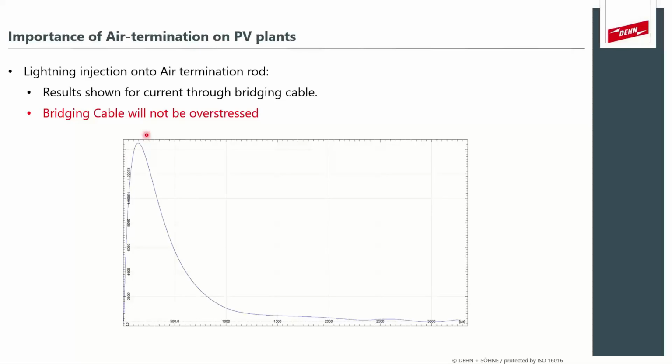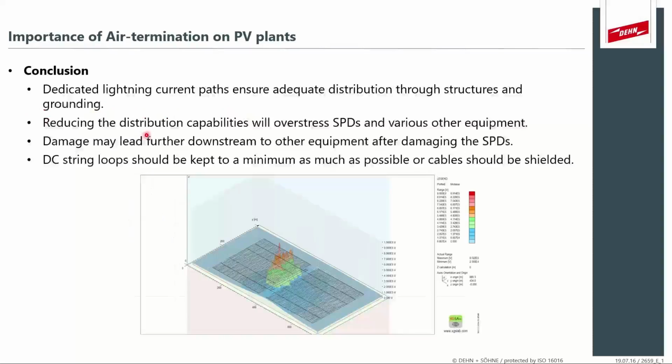So it's at around 12 kiloamps to 16 kiloamps, somewhere around there. So the bridging cable that we used in this case, as you saw, was rated to 50 kA, so it will not be overstressed. Okay.